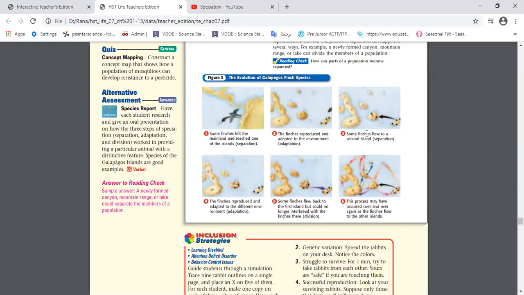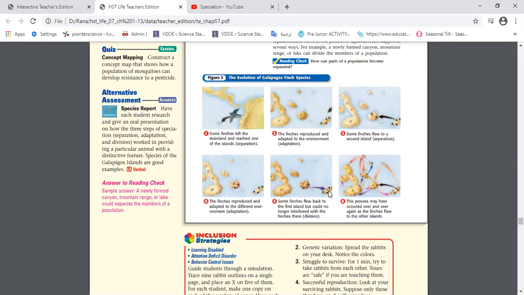That's a kind of adaptation. So in each island, the group of finches will reproduce and adapt in different environmental conditions. So that will cause some differences in that region. Sometimes the zebra finch comes back to the main island, the source island which they were in. But once they return, they find that they are not able to reproduce anymore with the old zebra finch, for whatever reason: differences in the mating season, differences in the reproduction season, maybe differences in colors, which make the females not attracted to males or something like that.